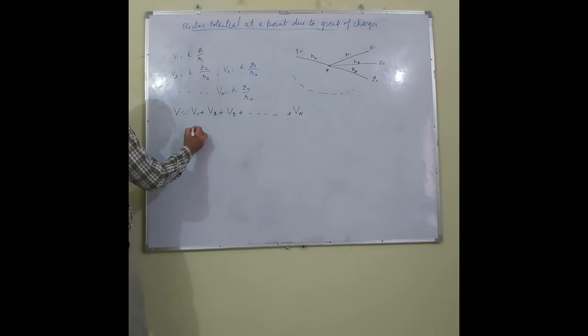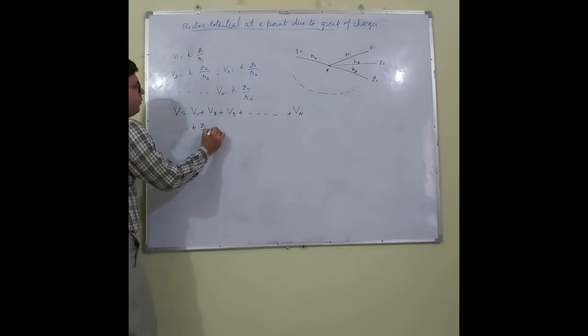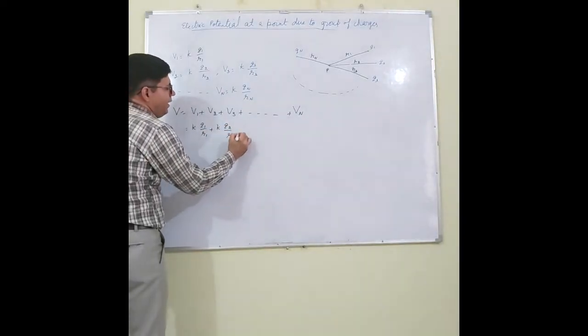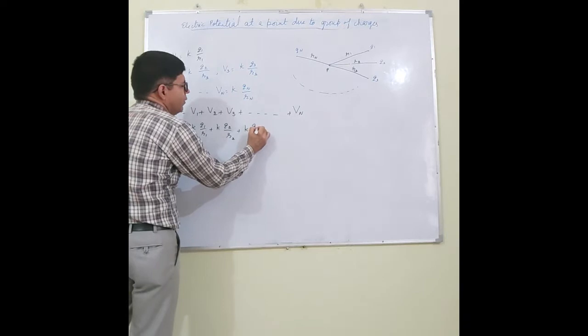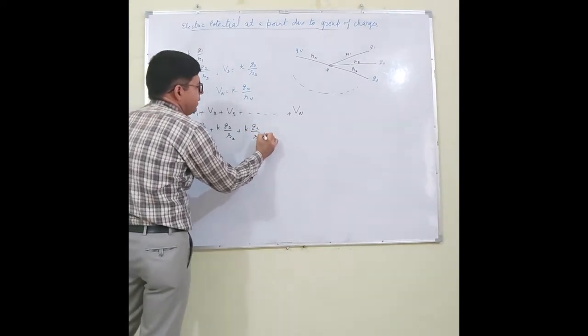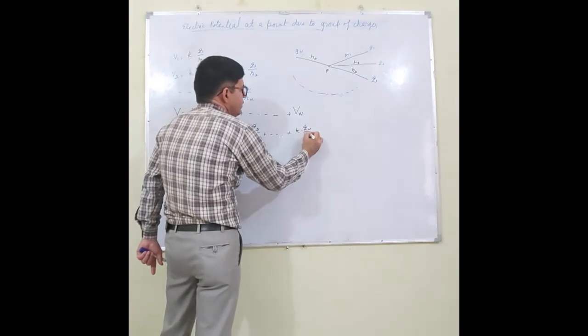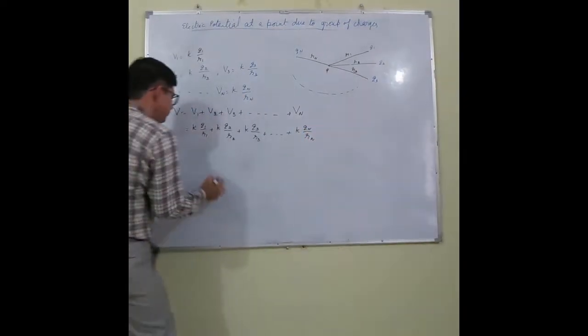So what is V1? V1 is K Q1 by R1, plus K Q2 by R2, plus K Q3 by R3, plus K Qn by Rn.